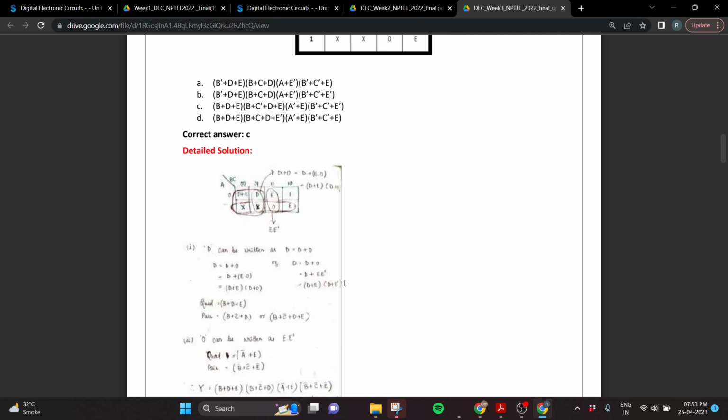So this quad will give me B plus D plus E. Okay, then I have this E. This will give me A bar plus E, and I have this one. This will give me B bar plus C bar plus E bar, and what else is there?